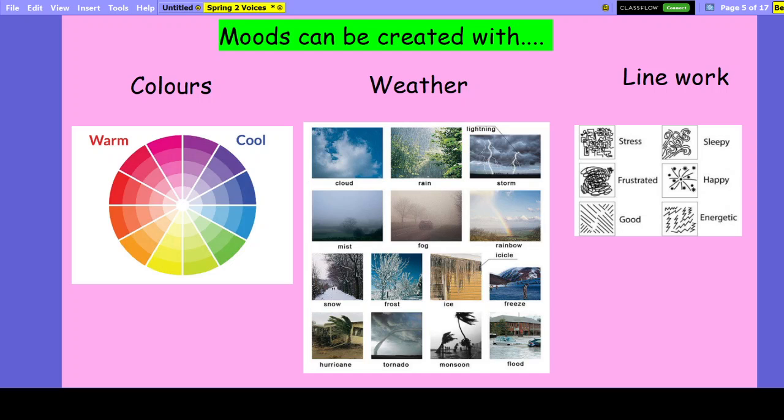An artist will also often use line work, meaning the type of lines they draw with can often show a certain emotion or are related to certain emotions, which create a mood when we look at them. So there's just some examples of how to use lines that create a mood.